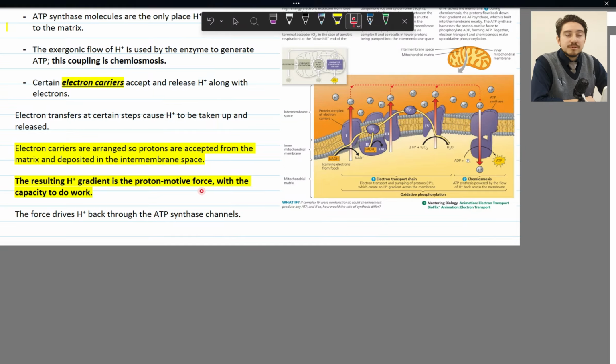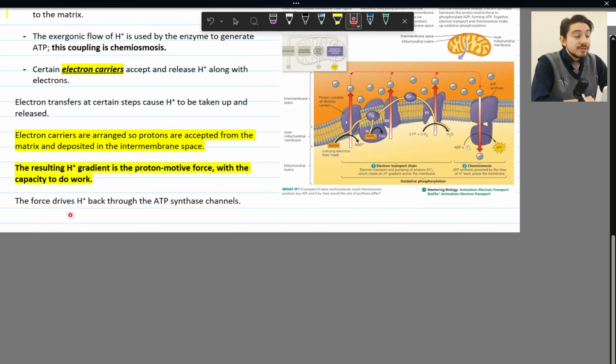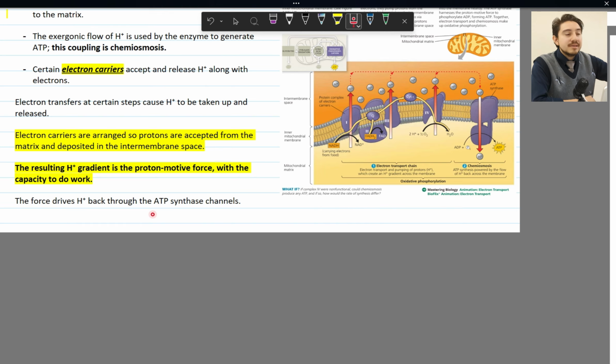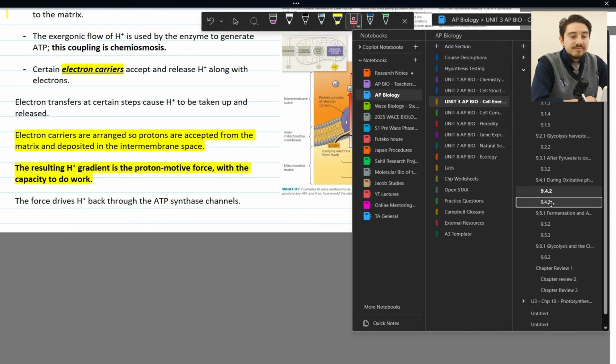Okay, having good potential energy, having the capacity to do work. It's this force that drives hydrogen ions back through the ATP synthase channels that can enable ATP to be produced. Okay, proton motive force.